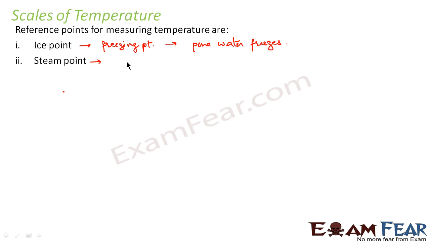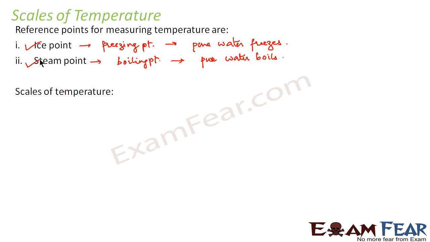Steam point, as the name suggests, is nothing but the boiling point. That is the temperature at which pure water boils. So these are the two reference points based on which different scales of temperature are defined.